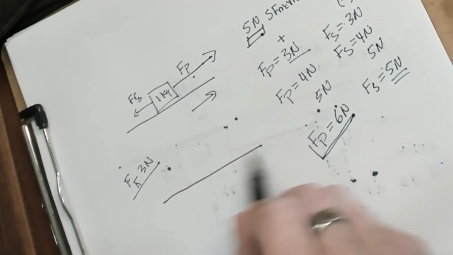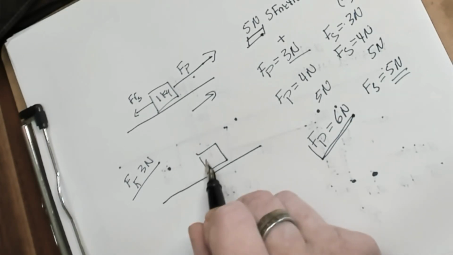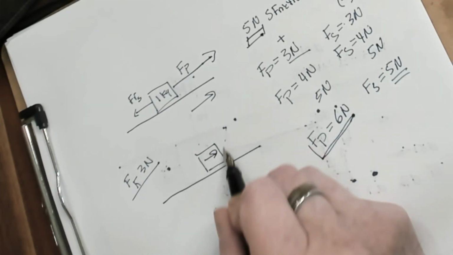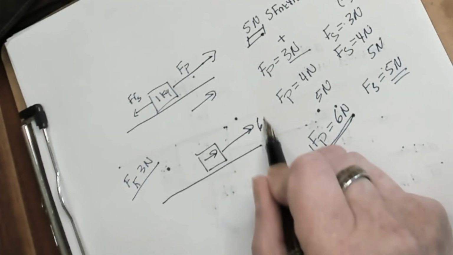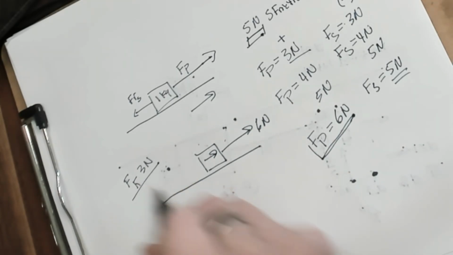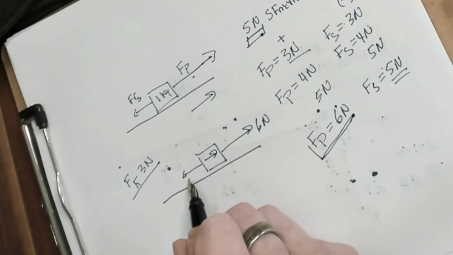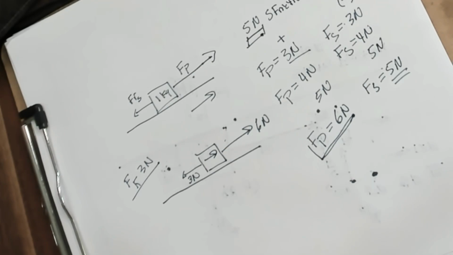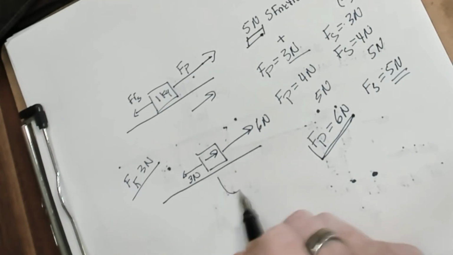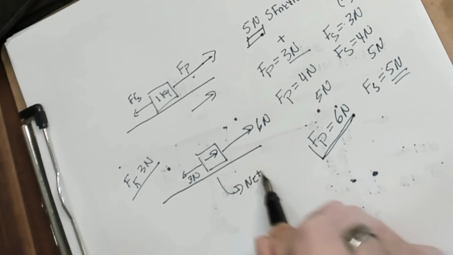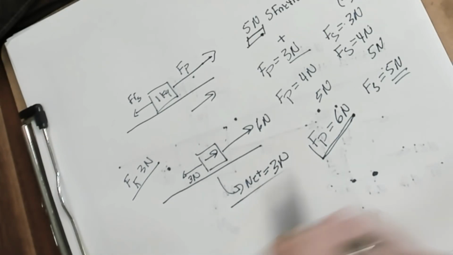Let's do another diagram real quick. So we've got the block in motion now, and we're applying 6 newtons in that direction. The kinetic friction is applying 3 newtons in the opposite direction, so our net movement equals 3 newtons. That's the basic difference between static friction and kinetic friction.